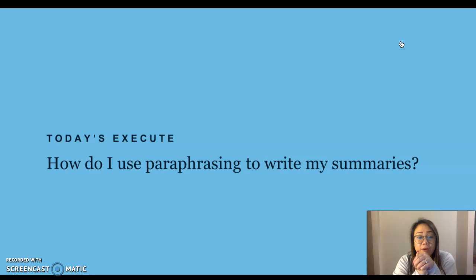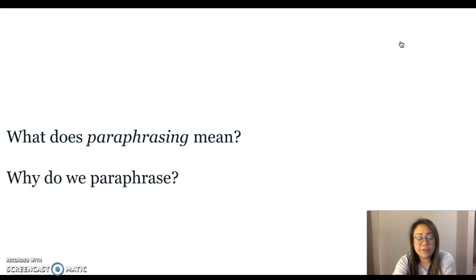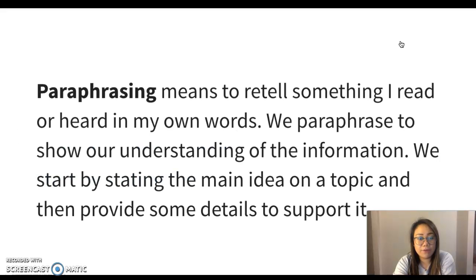We're going to learn how to paraphrase and write our summaries for it. So I will give you a brief explanation. Paraphrasing means to retell something that you read or heard in your own words. We often paraphrase to show our understanding of the information, and we paraphrase by starting off with the main idea and then providing some more details to support it. So that's paraphrasing.